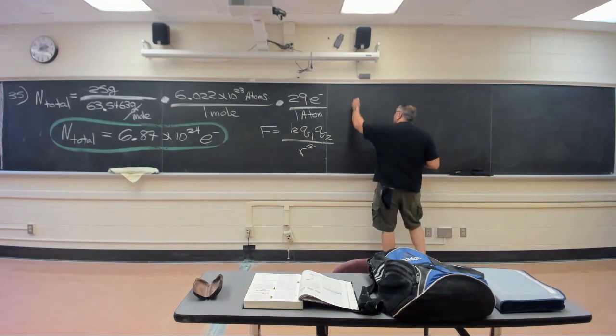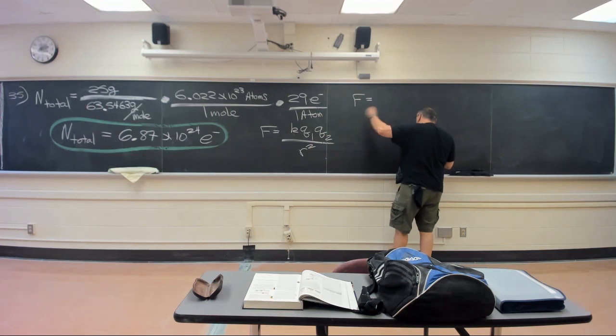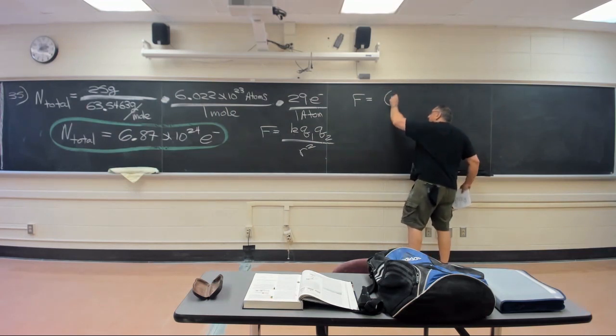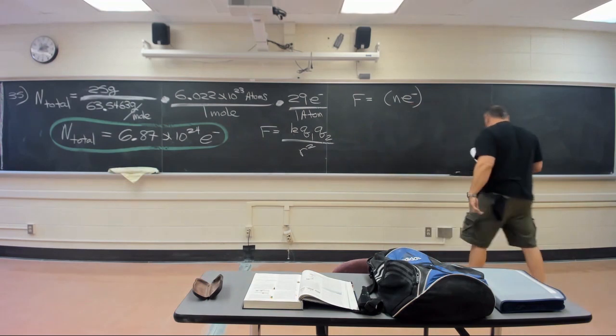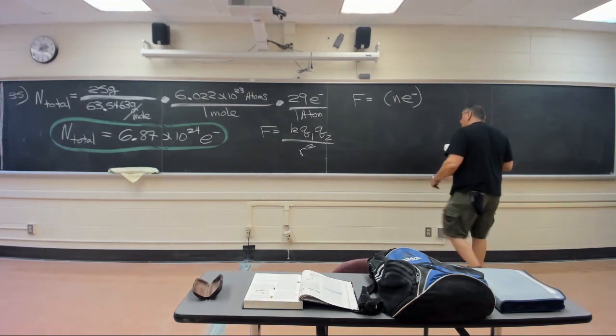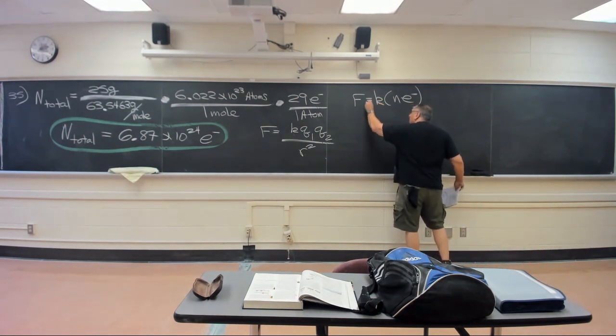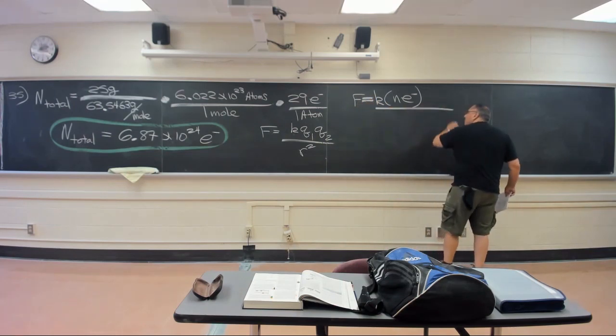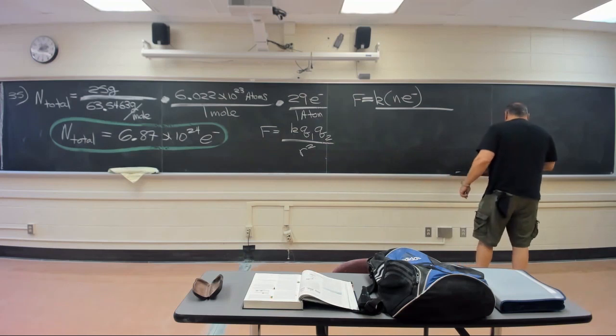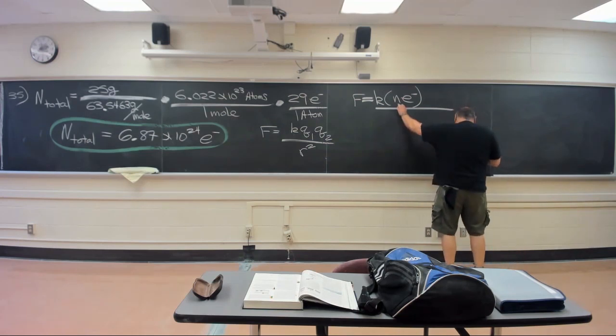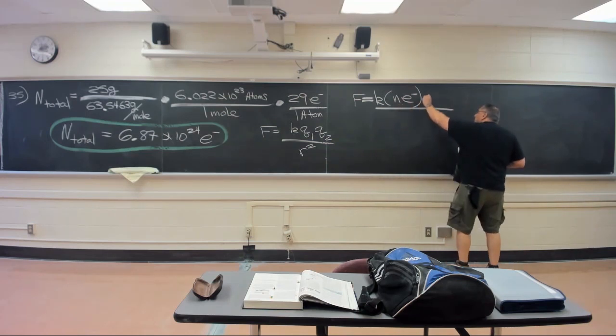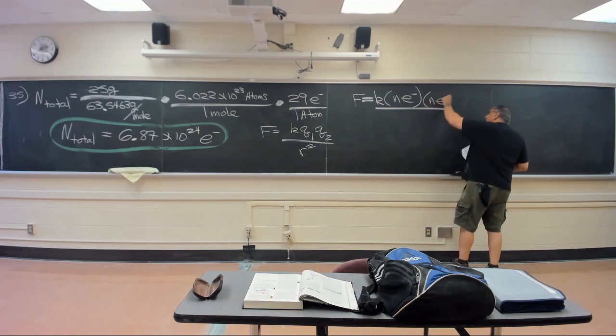We want a situation where N electrons get lost by one, and N electrons get gained by the other.